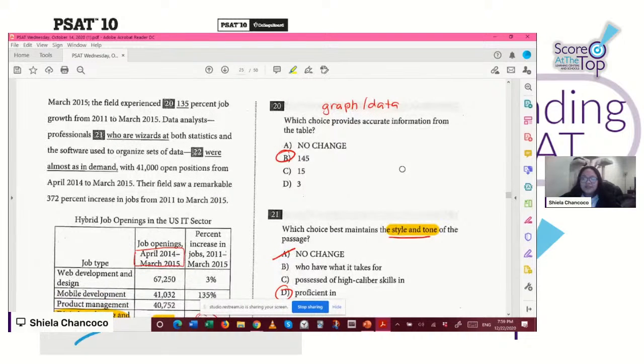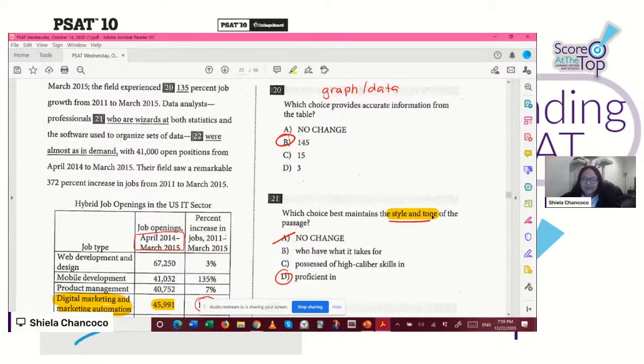These last two passages didn't tell you a lot, but this one is completely not within the style or the tone of the passage. So it's not wizards. They're talking about computers, but it's not a fantasy world.